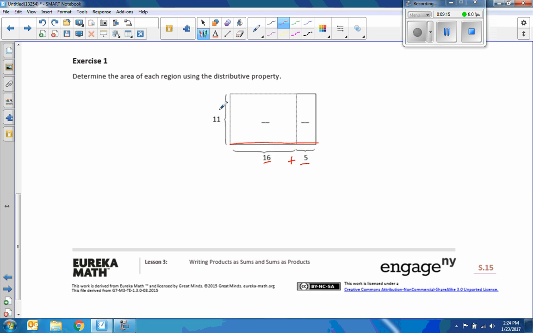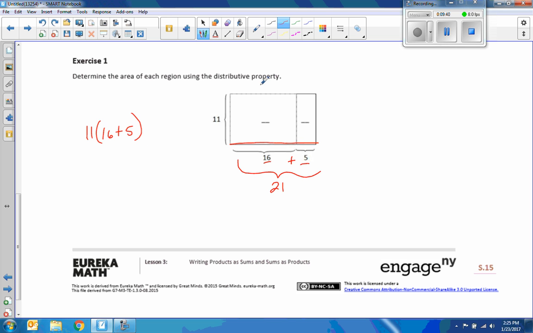So I'm taking the length times the width, it's just like doing area. If I want to do it in parts, this would be the same as saying 11 times the quantity 16 plus 5. Because this whole side over here obviously is 21. If this is 16, this is 5 more, it's a total of 21.